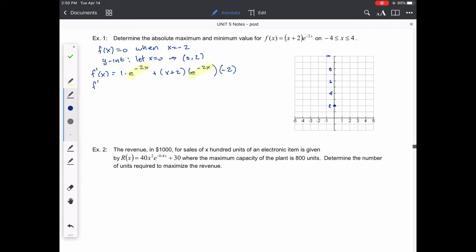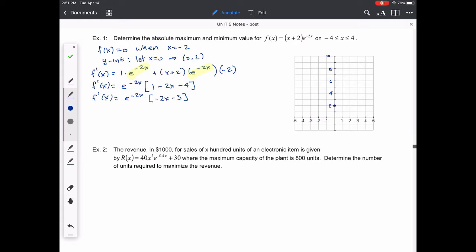So we have f prime of x equal to e to the -2x, and then we have 1 left over there, and we multiply the -2 back, so it's -2x minus 4, plus 1. That gives f prime of x equal to e to the -2x times (-2x minus 3), and we have to set that equal to 0.